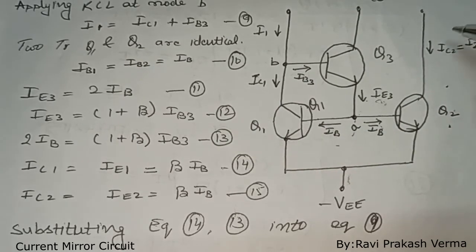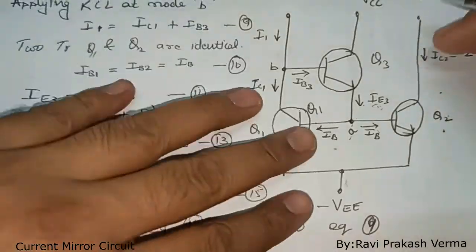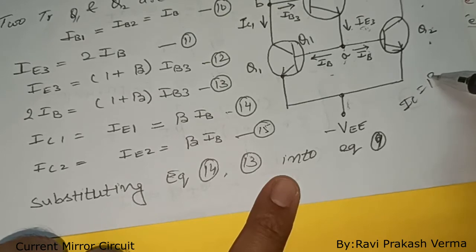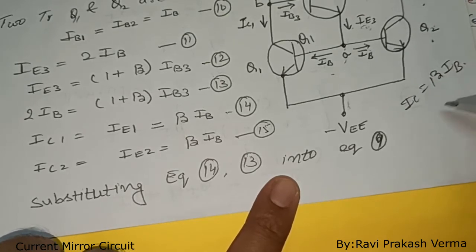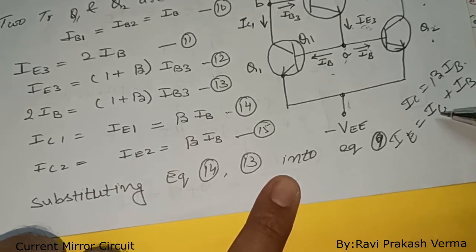We know that IC equals beta times IB, and the emitter current equals collector current plus base current.